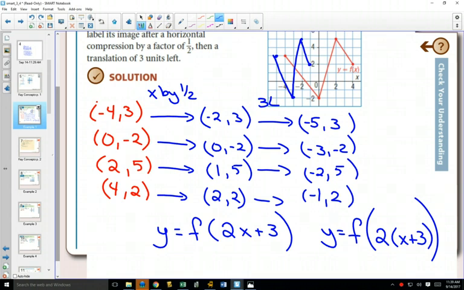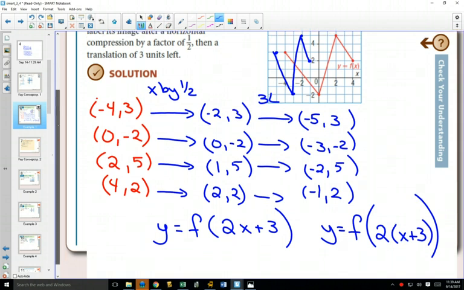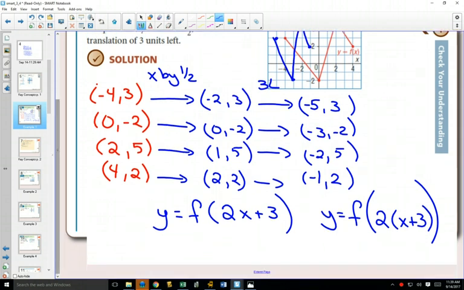But the one on the right, I have an extra set of brackets. If I actually distributed this one, this would be 2x plus 6. You agree that this one here is the same as 2x plus 6, okay?